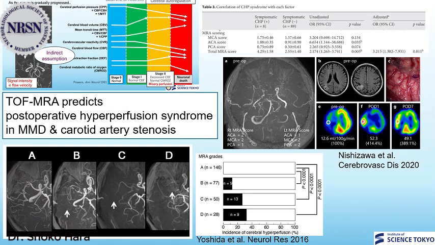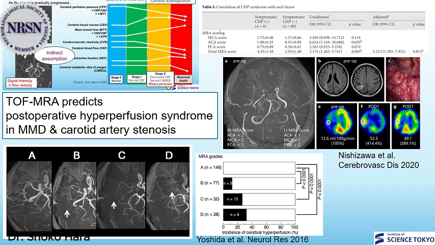A similar approach also works to predict postoperative complications. These two studies have shown that patients with decreased signal intensity in distal vessels are at higher risk of developing hyperperfusion syndrome in both moyamoya disease and carotid artery stenosis.